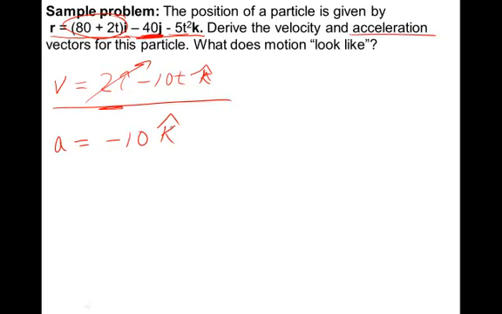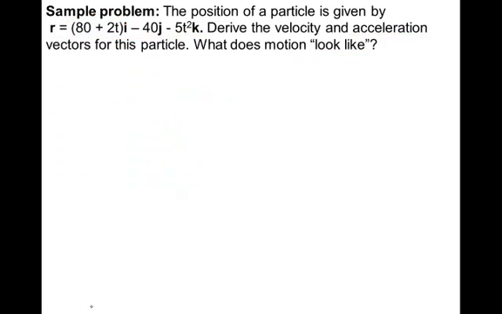And the question asks, what does this motion look like? So this motion would have constant acceleration, okay, constant acceleration in the negative k direction. So make sure you write that down so you understand the directions of our unit vectors.